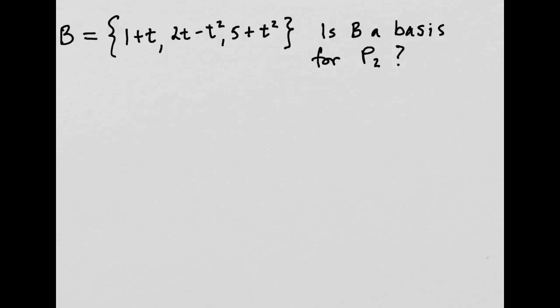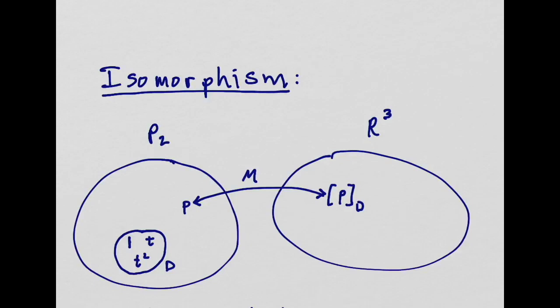So what we're going to do is rely on the isomorphism from P2 to R3. To review real quick, here's a picture of that isomorphism. Here I've got the set P2, here is the set R3, and the isomorphism is what I've called M here. And it's a mapping.